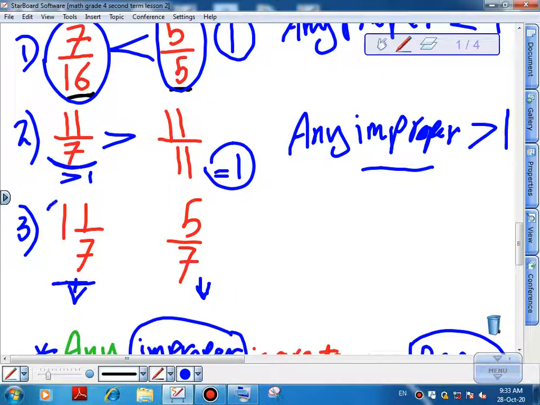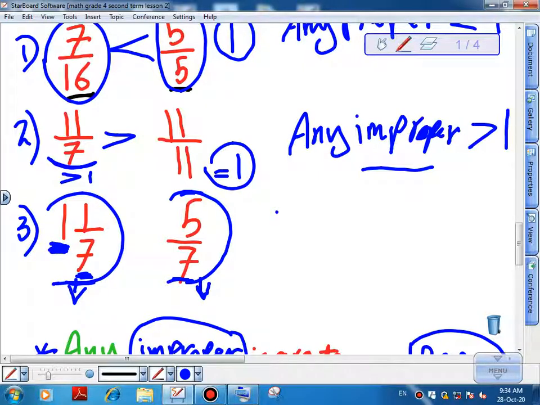So is 1 and 1 over 7 smaller than or greater than 5 over 7? They have the same denominator, 7 and 7. But on this side 5 is greater than 1. So if we compare only these, that will be wrong. No, wrong, because I have a whole number here.